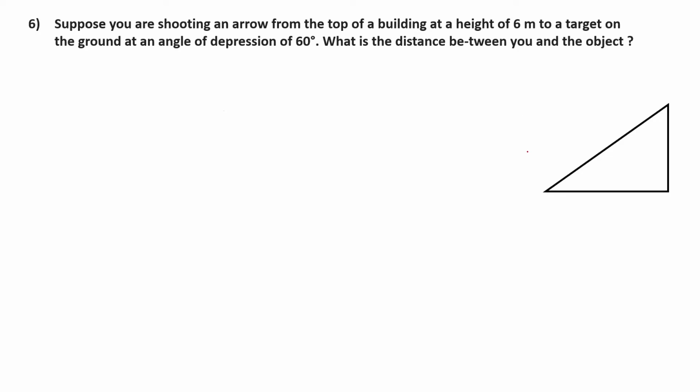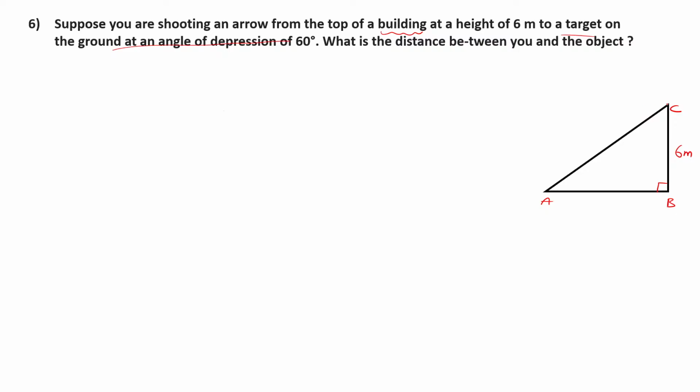Here I have drawn a triangle named A, B and C. Now BC is the building which he gave in the question at a height of 6 meters. The target is on the ground at an angle of depression of 60 degrees. Here we need to draw an imaginary horizontal like this, CD. CD is the imaginary horizontal.